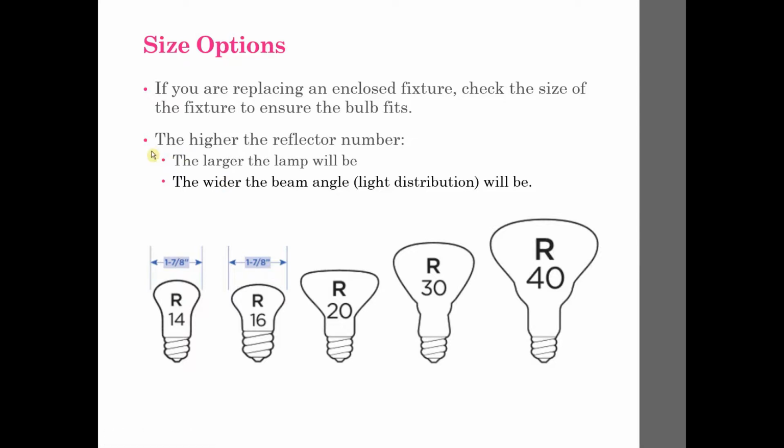The other thing I want to mention is the higher the reflective number, the larger the lamp will be, and the wider the beam angle or light distribution will be. So that's how to choose which sort of bulb you want. I'm just going to do some quick demos for you guys so you can figure out which bulb you'd like to move forward with.